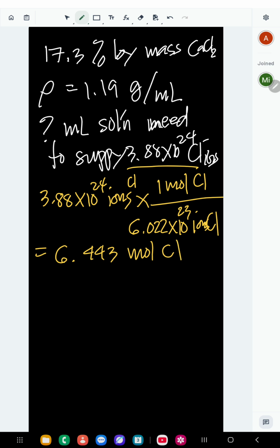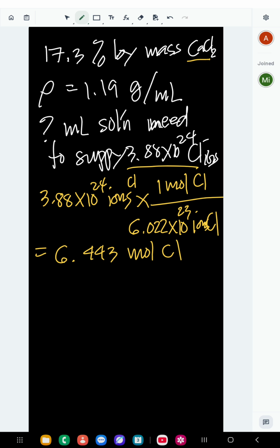Okay, and then it is stated here that the moles of calcium chloride, CaCl2, we are required 2 chlorine ions from CaCl2.